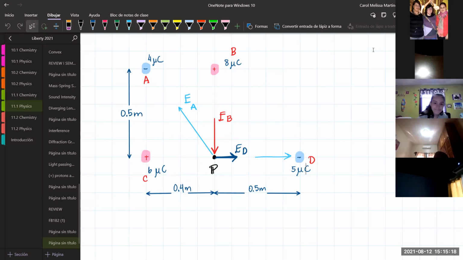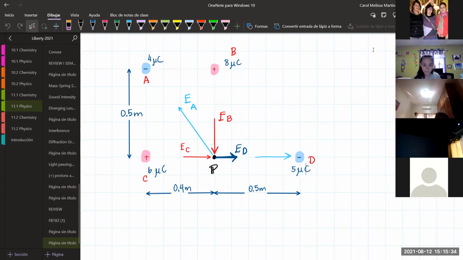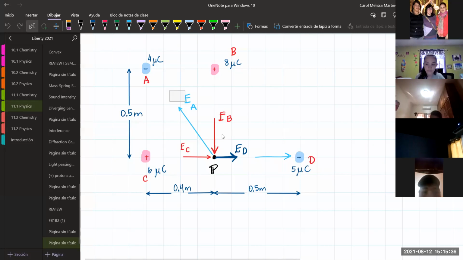So we can go on. We can extend this arrow until it reaches the point P, and I'm going to call this the electric field due to the charge C. Now, I will work only with this.